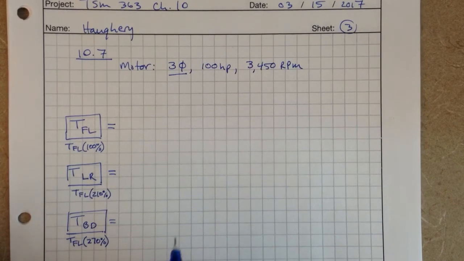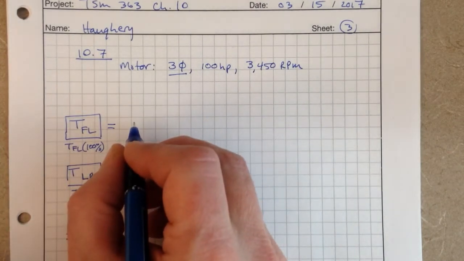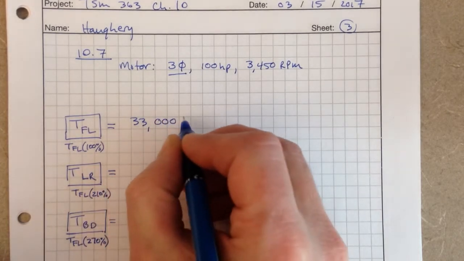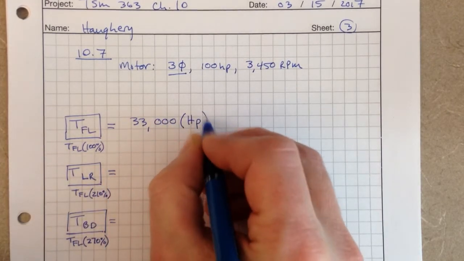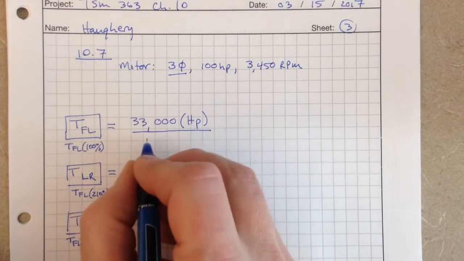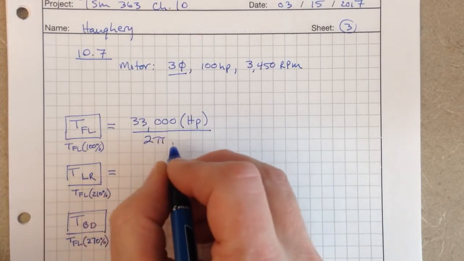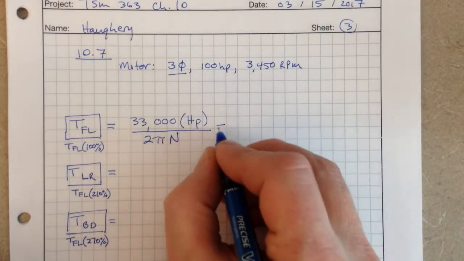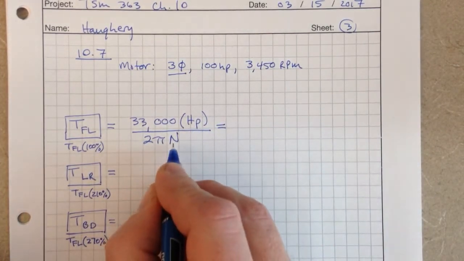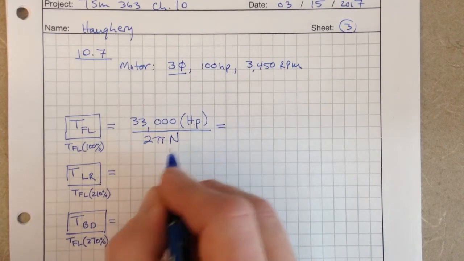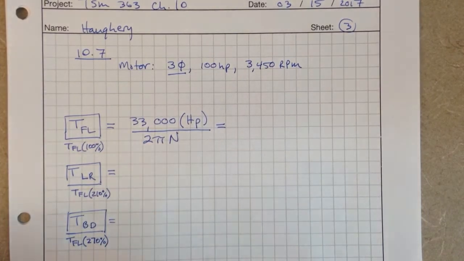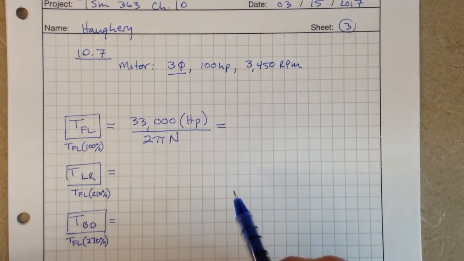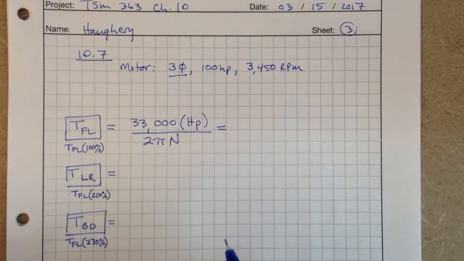Rearranging that equation, we solve for full load torque equals 33,000 times our horsepower divided by 2 pi times our speed. That's just the horsepower of the motor and the rotational speed of the motor, the nameplate information. All the nameplate information has to do with full load torque. It's all the nameplate values, the ratings at full load torque.